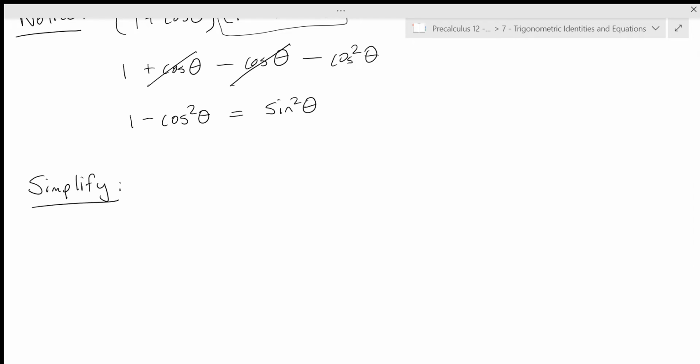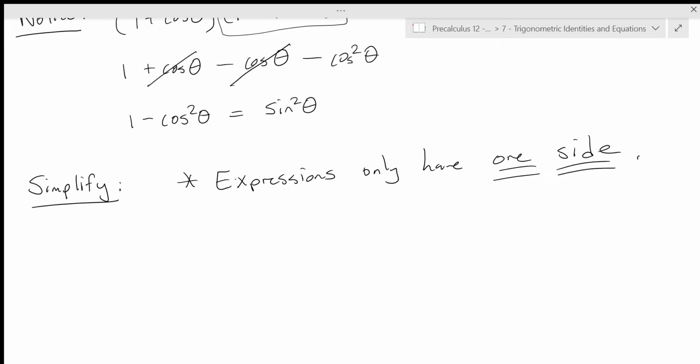Okay, so we're going to simplify. The first thing we need to know is expressions only have one side. So we're not allowed to do things to both sides of an expression. We're only allowed to manipulate things within the expression.